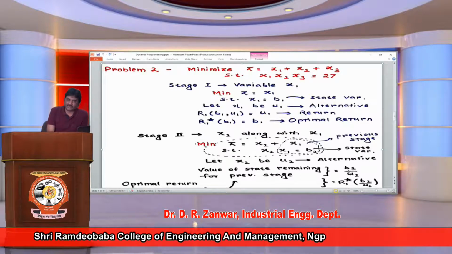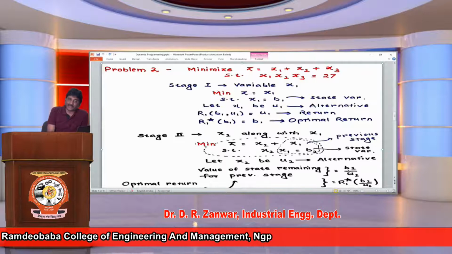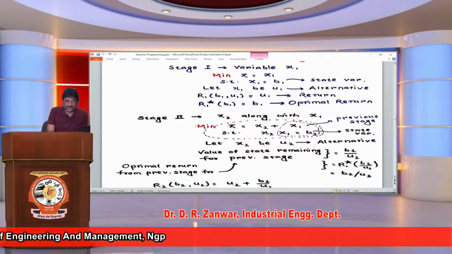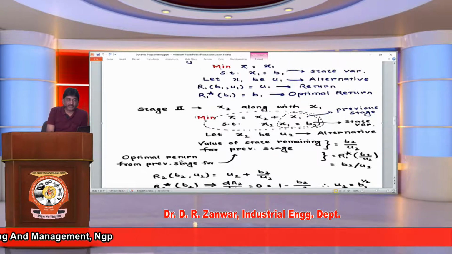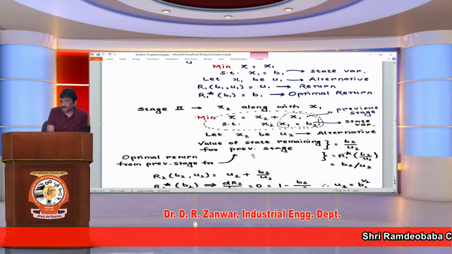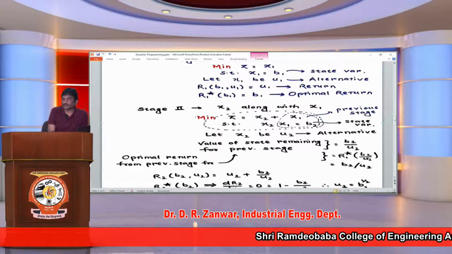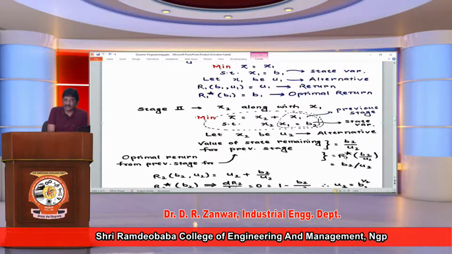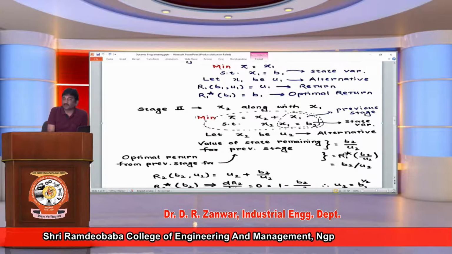Now that we know the value of state remaining for the previous stage, we can find the optimal return from the previous stage for that value. That is to say, R1 star for b2 by u2. Because b2 by u2 is the value of state remaining for the previous stage, and R1 star is the optimal return for the previous stage.